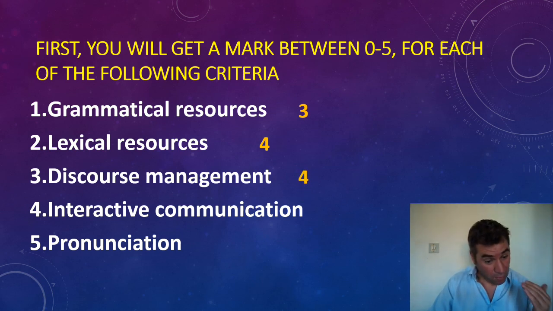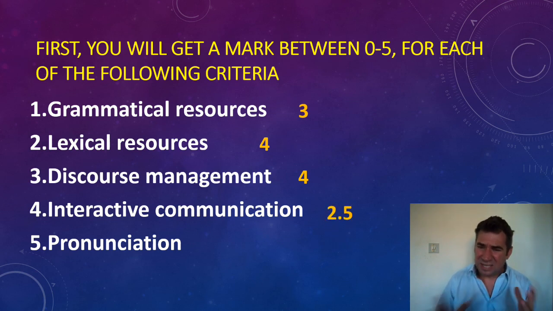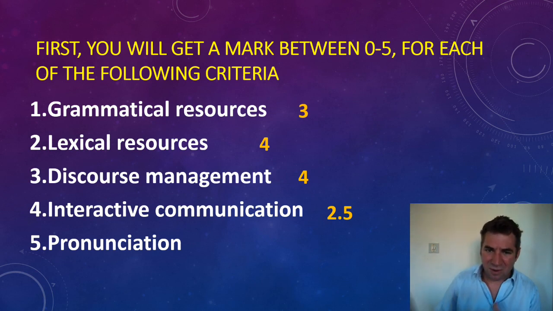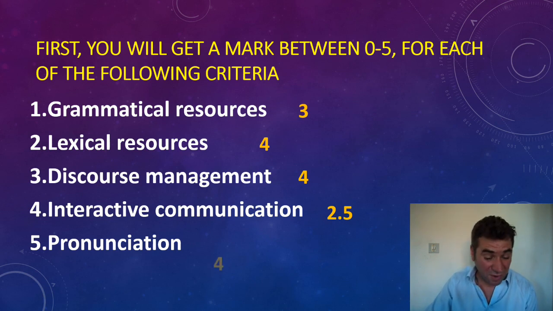Also, his answers were very well organized, so he got 4 out of 5 here. Interactive communication, however, he wasn't so good at making eye contact with his partner and doing the pair tasks together, so he only got half marks here. 2.5 out of 5. And his pronunciation was spot on.